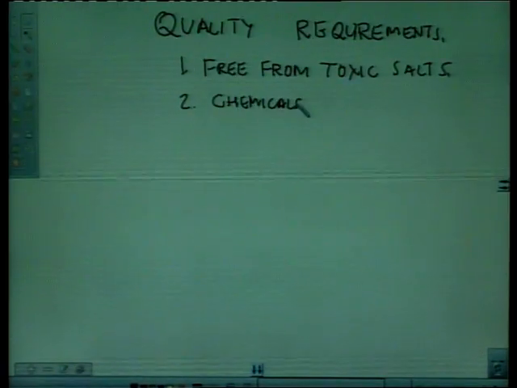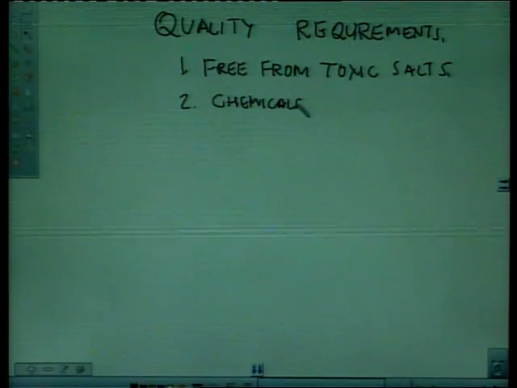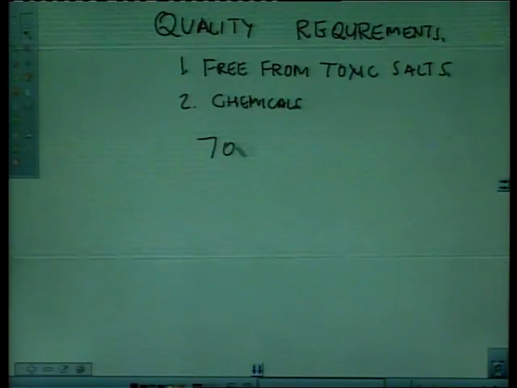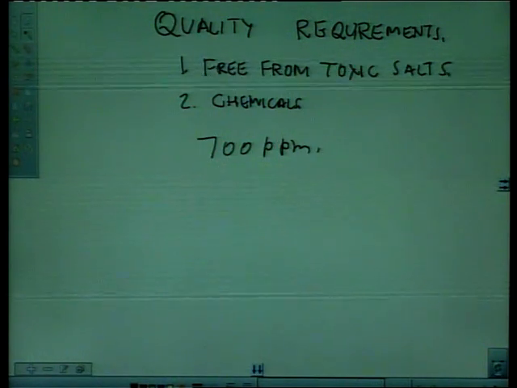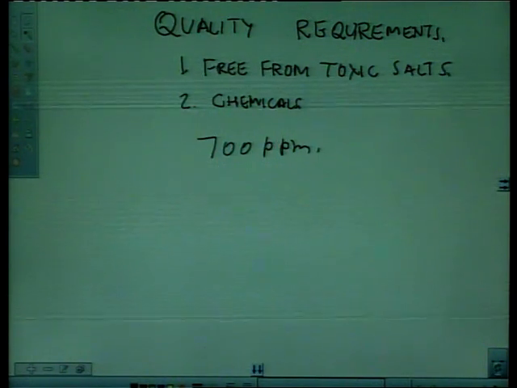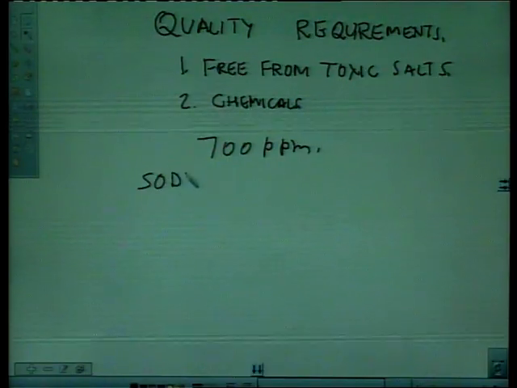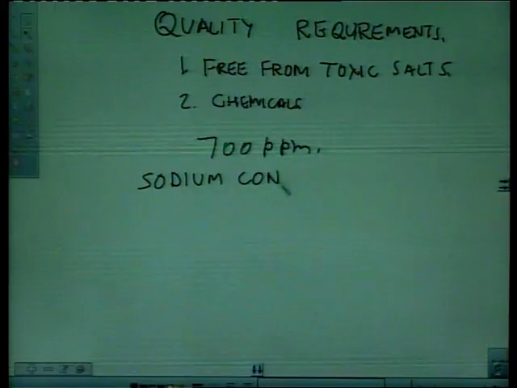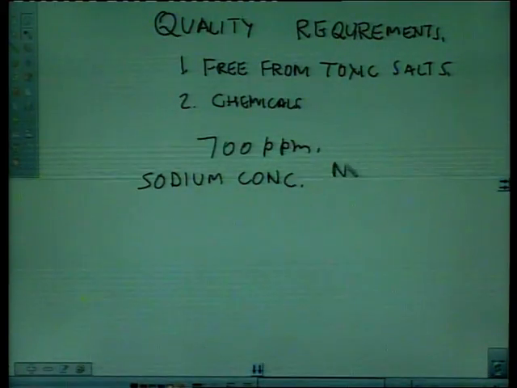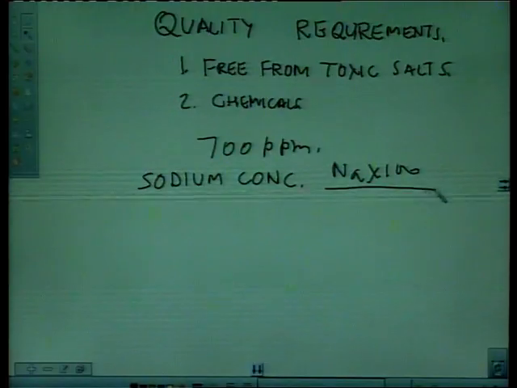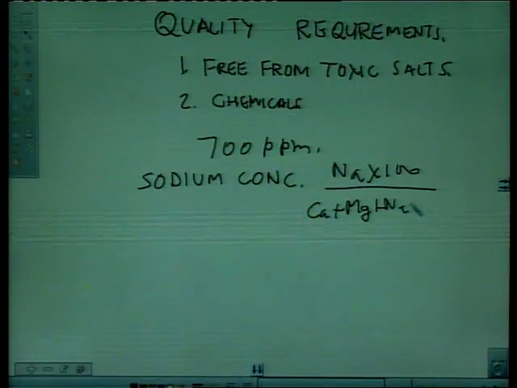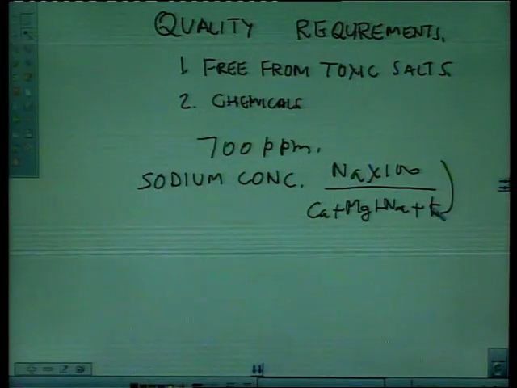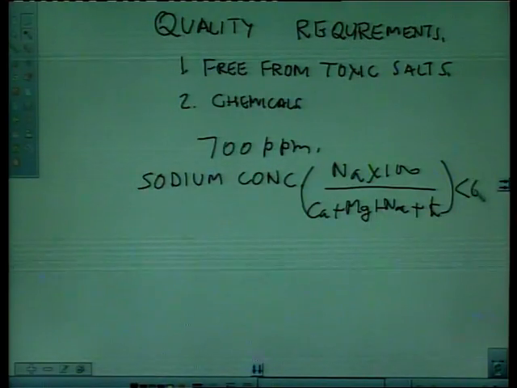Broadly, it can be safely taken that irrigation water is good when it contains less than 700 parts per million total salt. Then sodium concentration: sodium, calcium, magnesium, sodium, potassium, this concentration should be less than 60%.